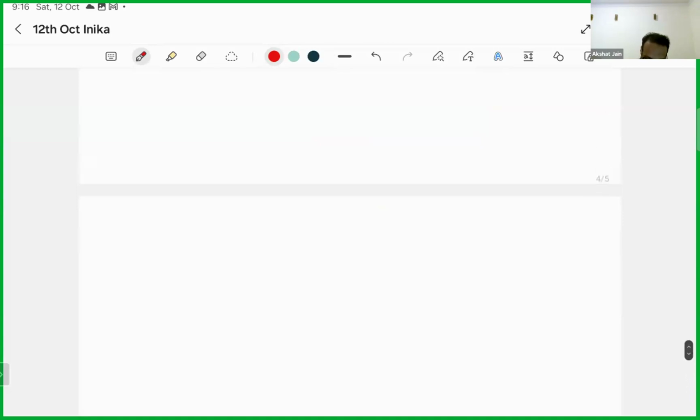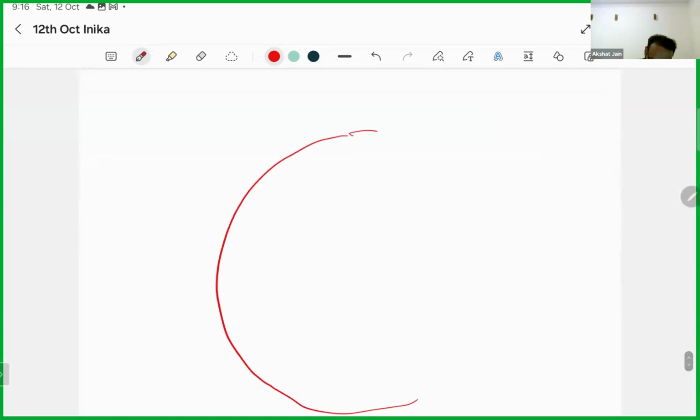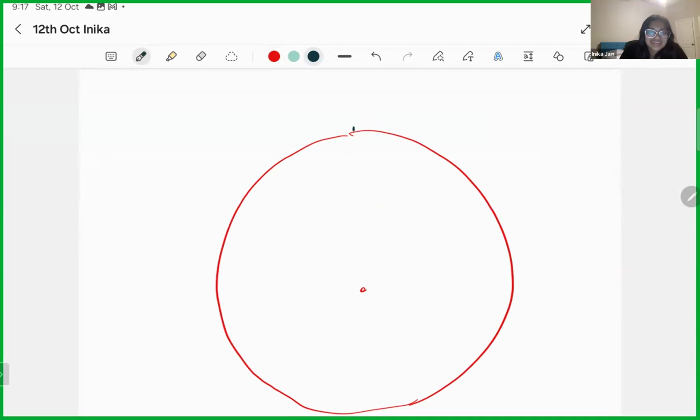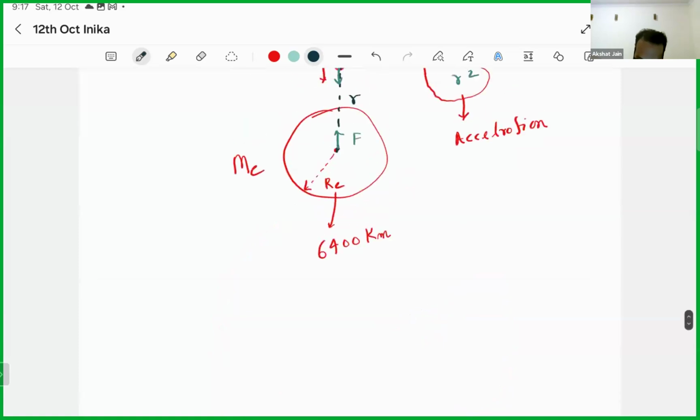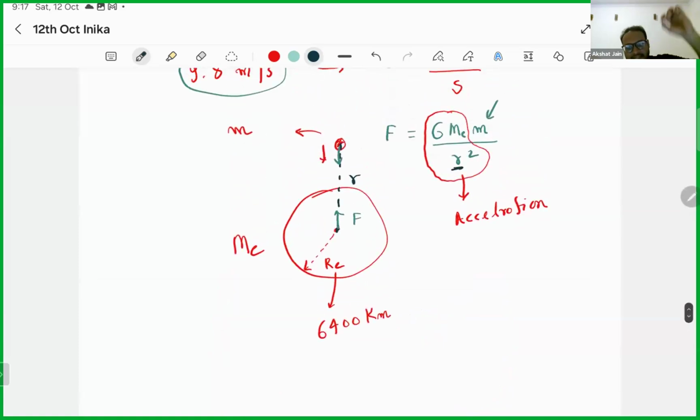For example, earth has a radius of 6,400 kilometers like this, and that tower will appear like this black dot compared to the radius of the earth. Because this is 6,400 kilometers, and on the scale, this is 1 kilometer. Are you getting the feel of what I'm trying to say? So when we are very close to the earth's surface, we can approximate this value. I know that this r will change, the distance will change, but compared to the radius of the earth, whatever distance you change is very insignificant.